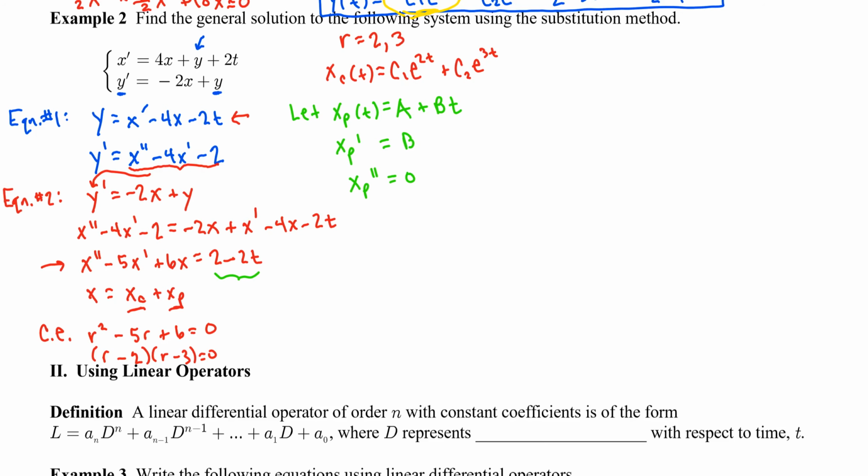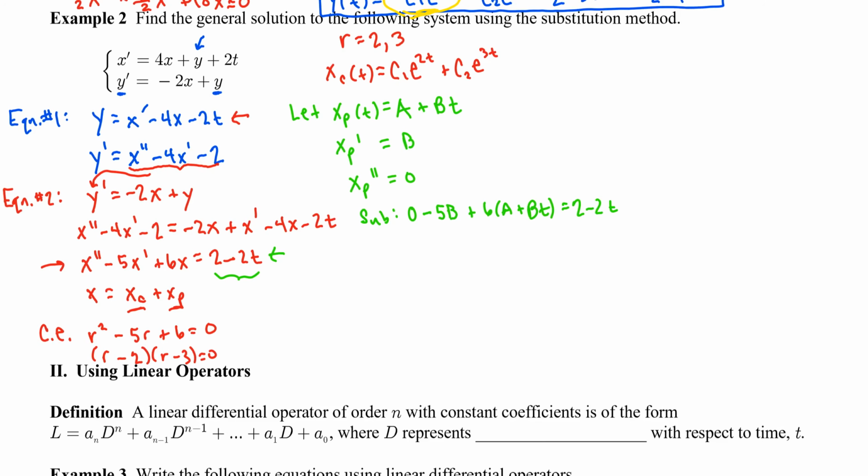And then we're going to sub it into this equation right here. X double prime is 0. We're going to have minus 5x prime, that's minus 5b, plus 6 times x, x is a plus bt. That is equal to the right side, 2 minus 2t.